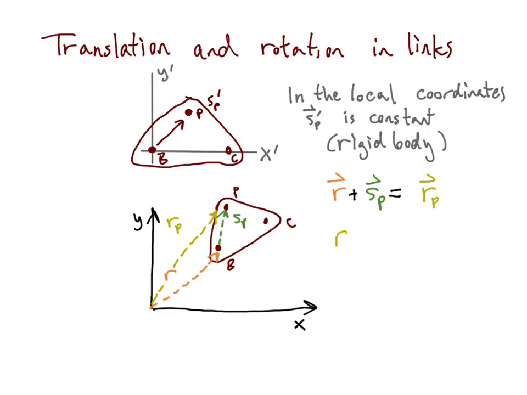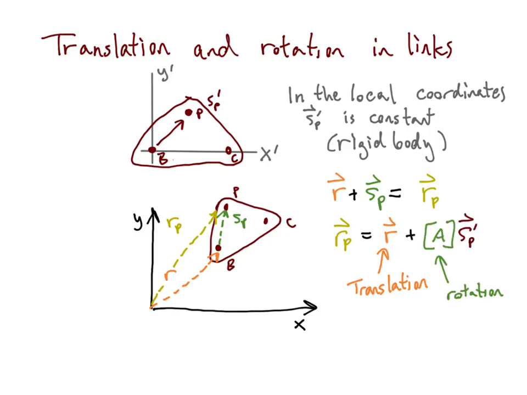So let's switch that around, and we're going to say that our endpoint is equal to R, which represents the translation of the link, because that's how much one point has translated. And then we're going to have our rotational matrix that's all based off of how our system has rotated with respect to everything else.